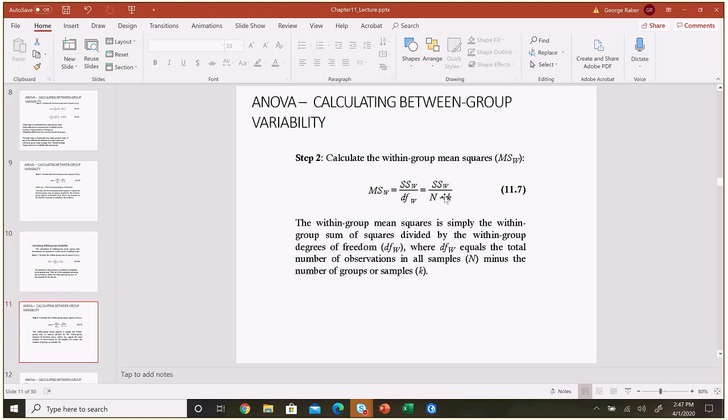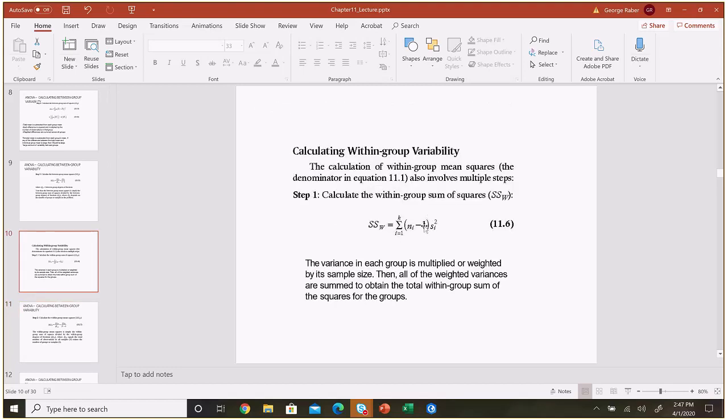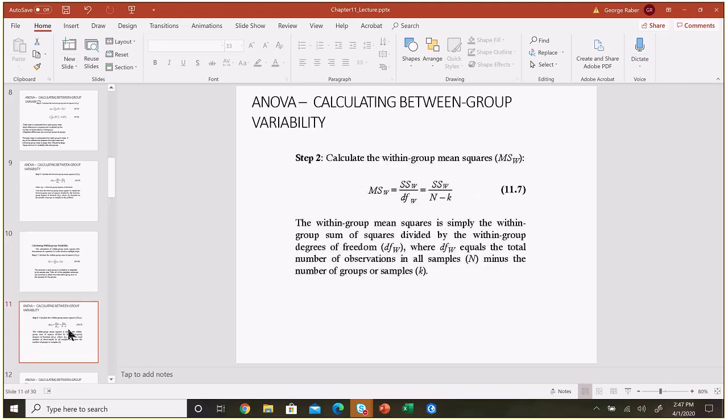So it's the sum of all of the weights divided by the number of samples. And the reason why it's not 1 here is because we already subtracted 1 here. So we subtracted 1, 2, 3 times. So k is the number of groups. And so in order to get the right number here, you take the number of observations minus k, which is the number of groups.